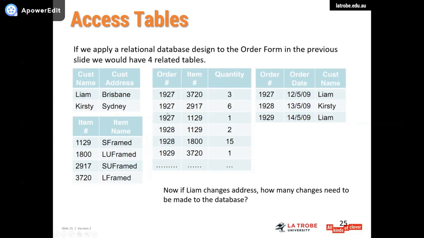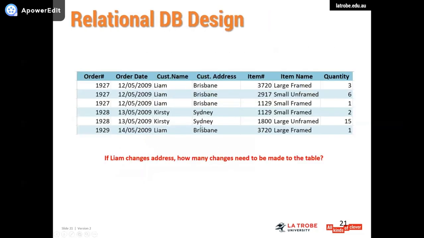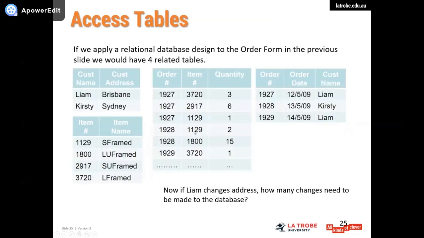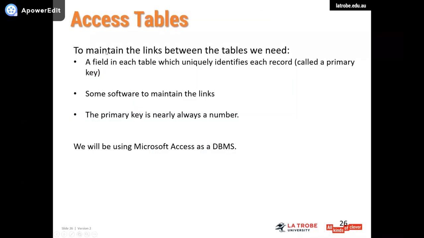So now we have 4 separate but related tables. And then how do we maintain the links between these tables? We need a field in each table which uniquely identifies each record, and this field we call a primary key. Some software is needed to maintain the links, which now is Microsoft Access. This primary key is nearly always a number, but it doesn't have to be.